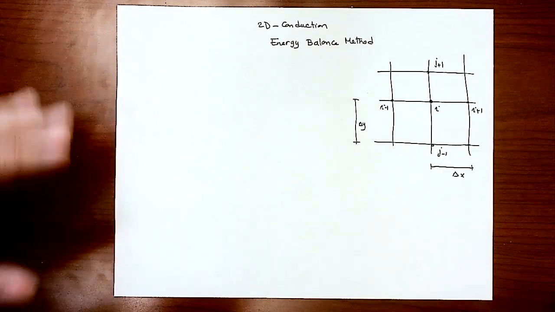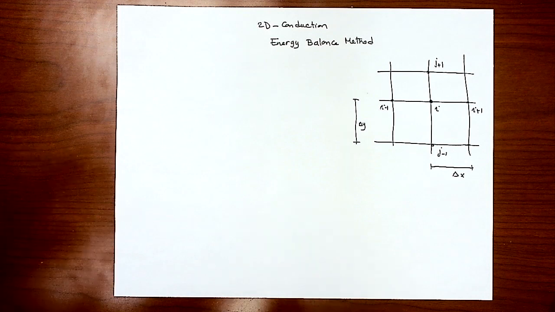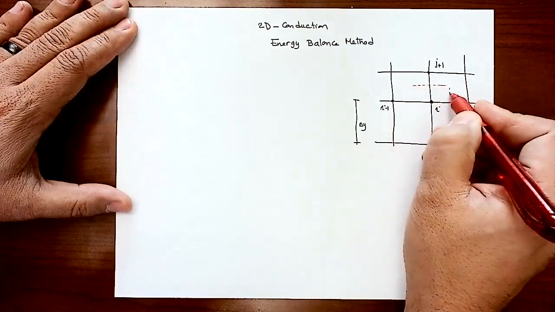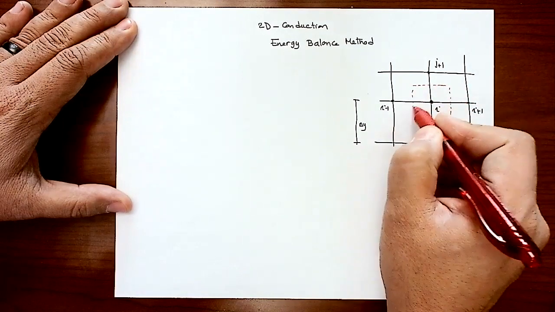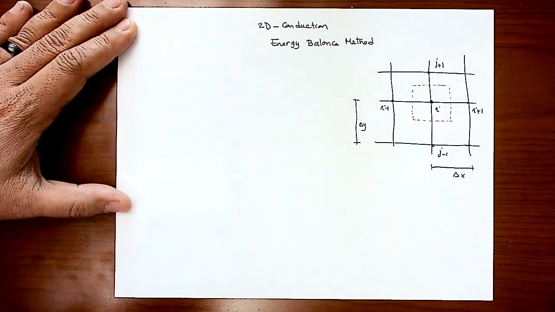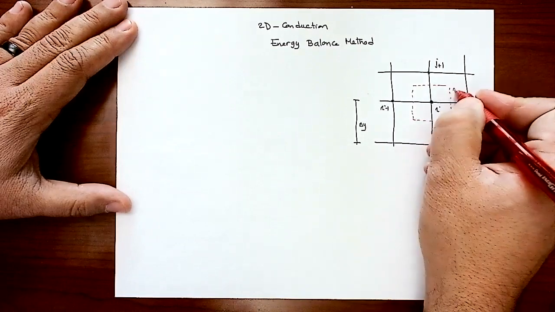Now, for the energy balance method, I'm going to draw my control volume, which is a square of dimension delta x, delta y, and we keep them almost the same. That's my affecting domain of node I. Okay, this is delta x, this is delta y.